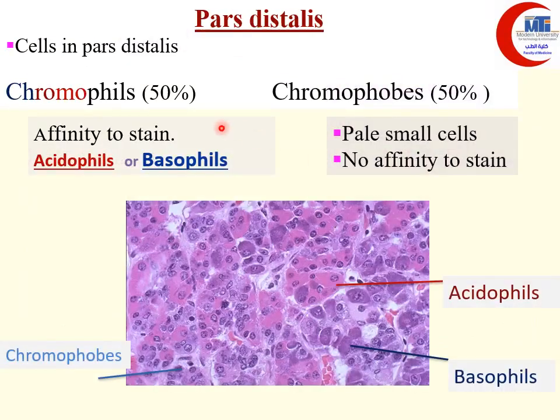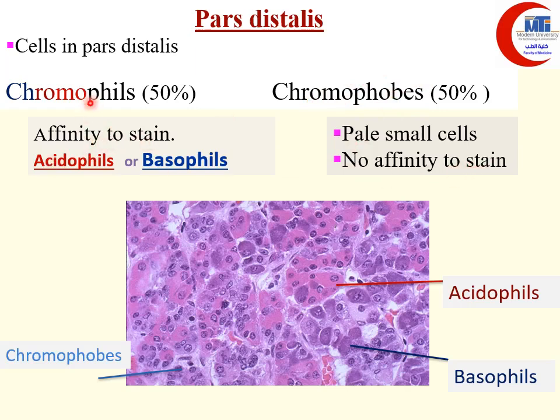Cells in pars distalis are divided into chromophils 50% and chromophobes 50%. Chromophils have affinity to stain, and chromophobes have no affinity to stains.